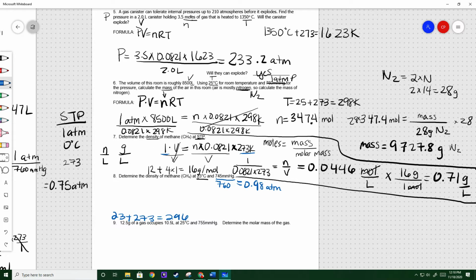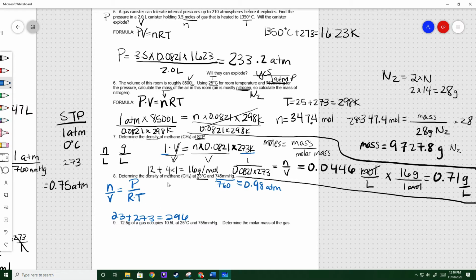So again, I would use my same formula. I would have N over V is equal to P over, oh no, not N, I'm sorry, R times T.